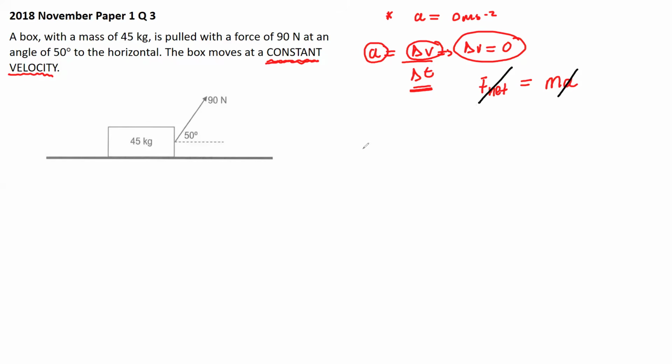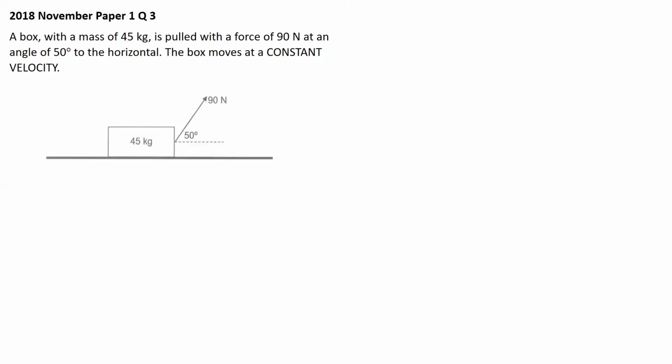So what am I learning? When an object moves at constant velocity, number 1, its acceleration is 0 meters per second squared. Number 2, its net force is also 0. So that's my scenario, and the questions follow like this.